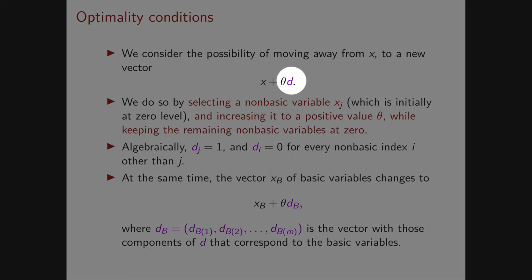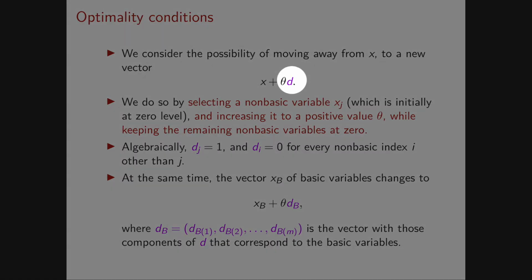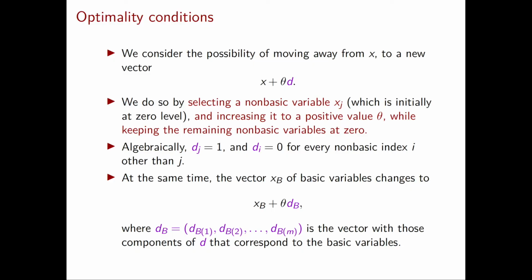So we're going to consider vectors of the form x plus theta d for a positive value of theta. We want to consider a vector d that is a feasible direction. But not only that, we consider very special feasible directions. This is simply our choice and the simplex algorithm will use only this type of choices.